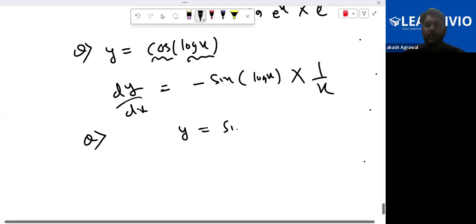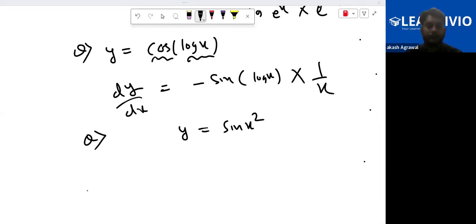One more question we have. y equals sine x square. Cos x.